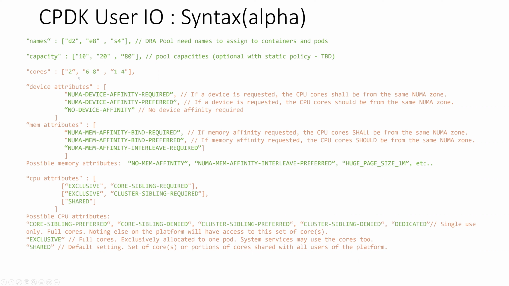We are never asking for CPU IDs. We are asking for two cores basically, or between 6 and 8 cores. So it's quantity essentially. Okay. Just to be a little more in line with the Kubernetes way, not to put IDs there, right? Even if some customers want them. Okay, thank you.